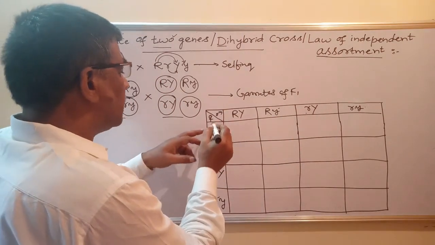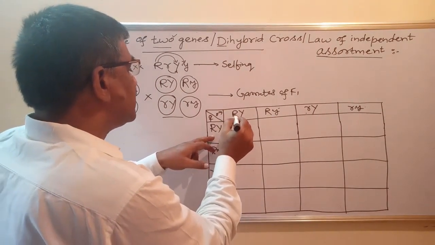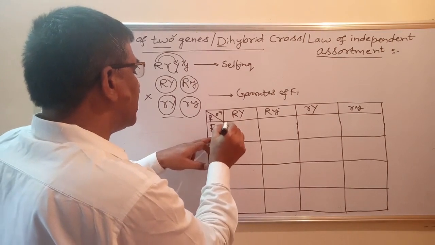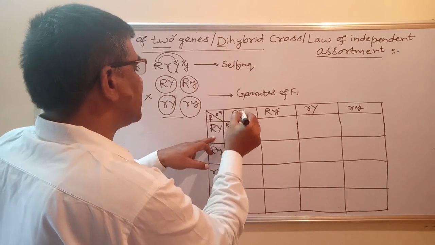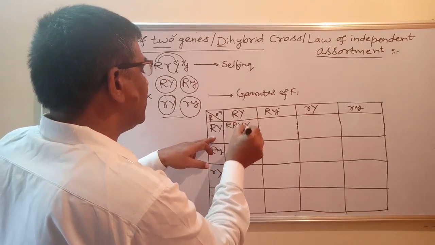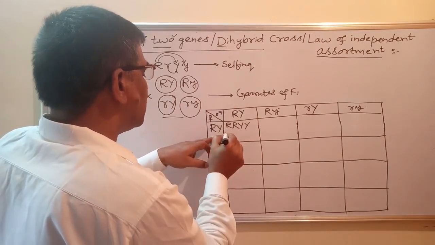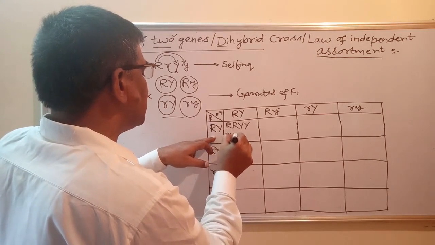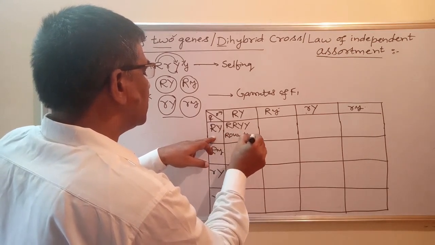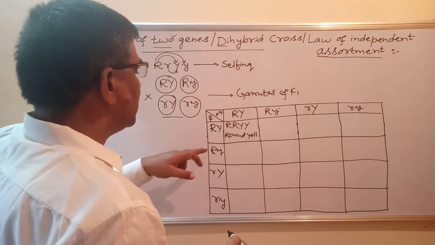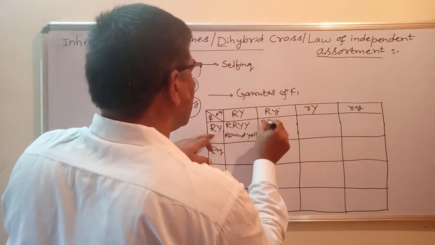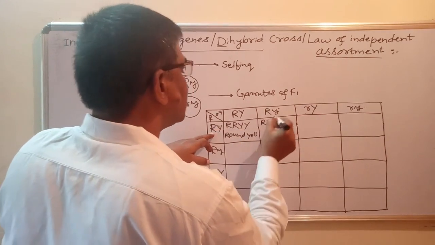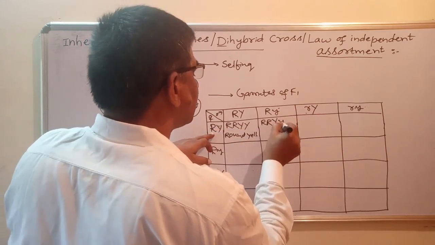Now how to cross here? This capital R, I have to write capital R, capital R. This capital Y, capital Y, capital Y, capital Y. So we'll get round yellow only. Similarly, capital R, capital R, capital R, capital R, and capital Y, small y, capital Y, small y.